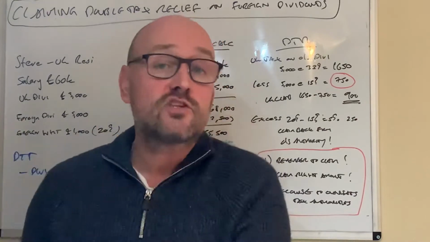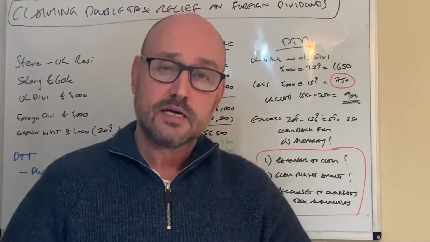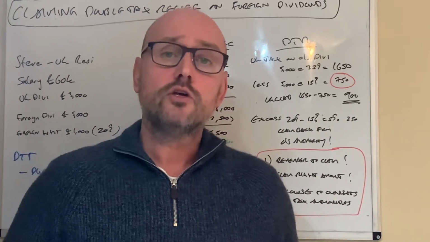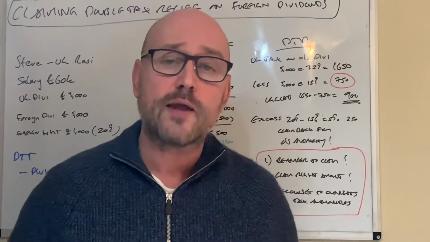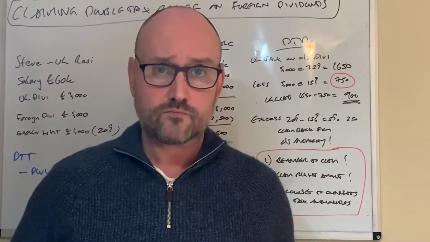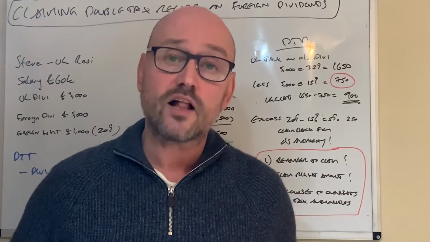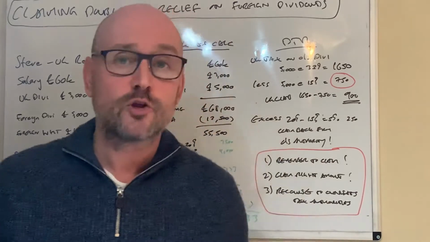For the remaining 250, you've got to write to the tax authorities of the overseas territory and say, look, you've withheld too much, here's the evidence, here's the dividend counterfoils, all the paperwork. You've withheld 20% when it should have been 15%.